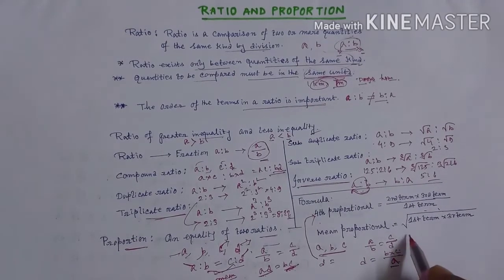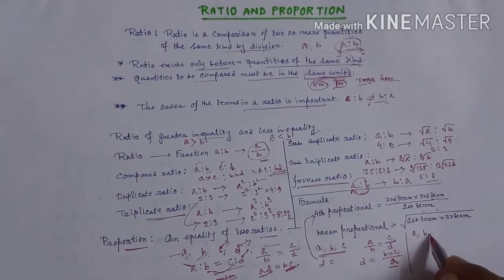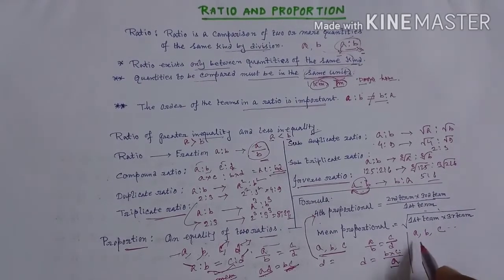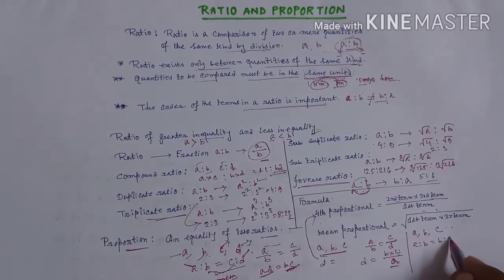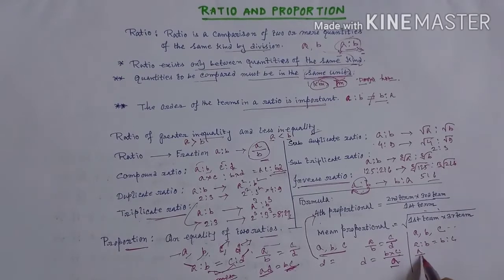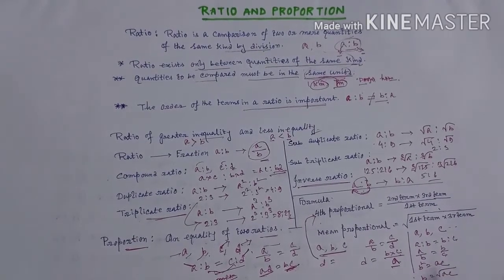And now another is the mean proportion. Suppose A, B, C, these three terms are in proportion. That means A is to B equal to B is to C. Therefore A by B equal to B by C, or B squared equal to AC. Therefore B equal to root over AC.